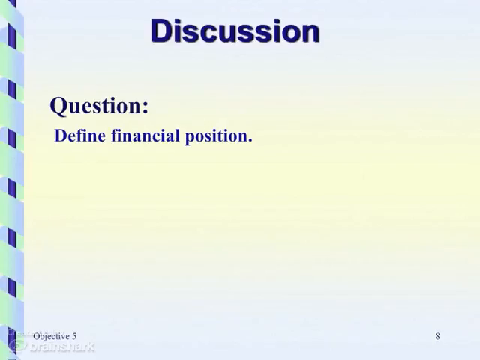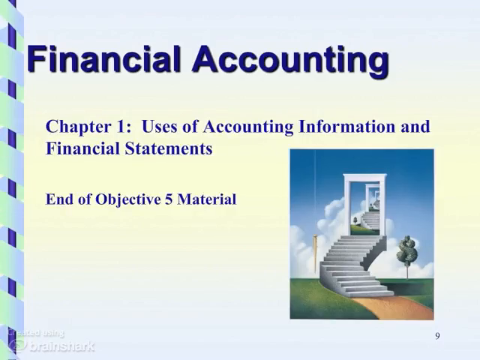Please write your answer on the corresponding page in your notes. And that concludes Objective 5 for Chapter 1 in Financial Accounting. Please answer the 2 questions relating to Chapter 1, Objective 5, and click Submit to submit your responses.